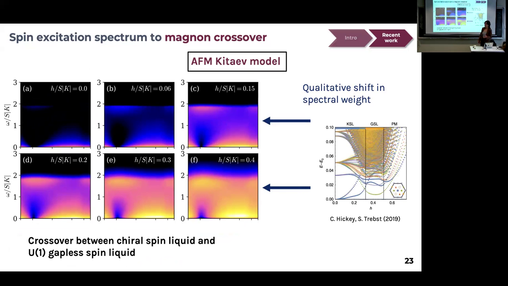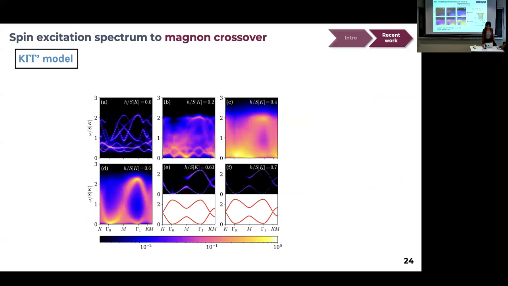There have been some ED calculations on the AFM Kitaev model where they see, when they calculate the density of states, a shift when they transition between a Kitaev spin liquid and what they call a gapless U1 spin liquid phase. And so we attribute this behavior to actually a crossover between a chiral spin liquid and a U1 gapless spin liquid phase. And we're able to capture this using only classical dynamics.